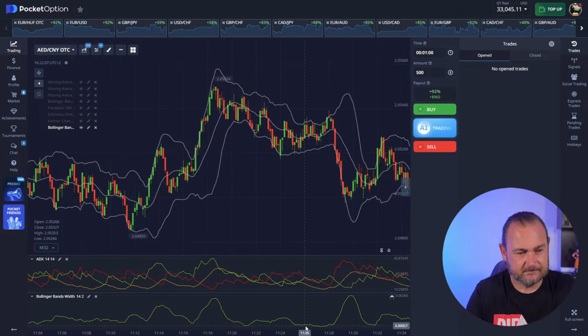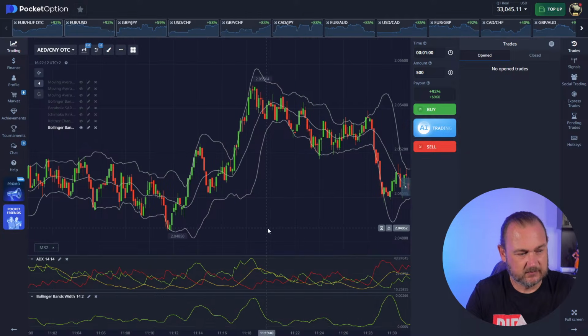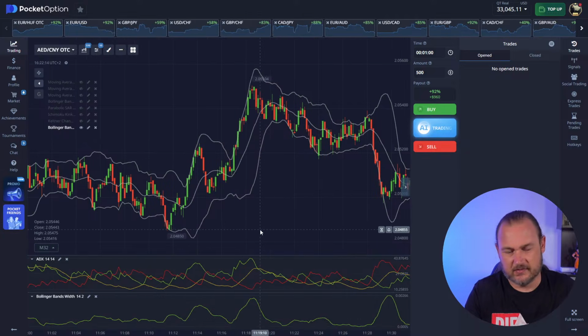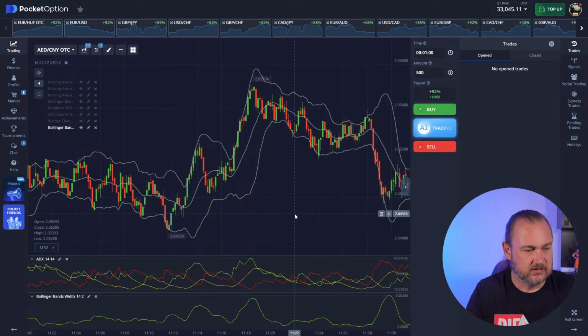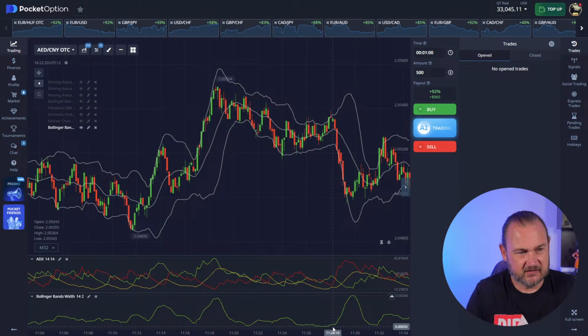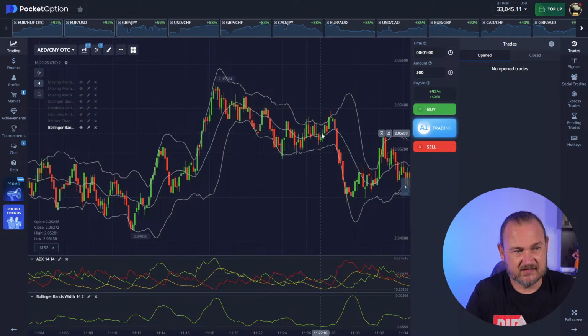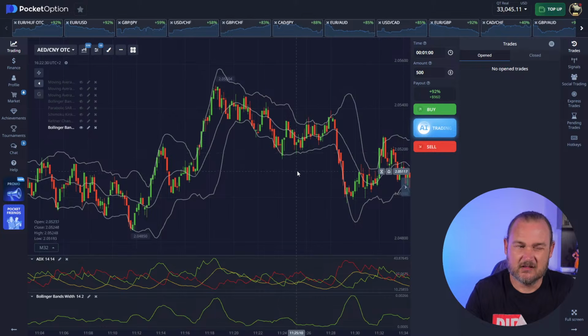Something like this. You can see how low this is compared to the other movements before. Just move this mic a little bit so I can see that. We have this area here, and then as soon as it broke, we can see that the Bollinger Band width is opening up. We can see that the band started opening up here, and there was a sell opportunity.